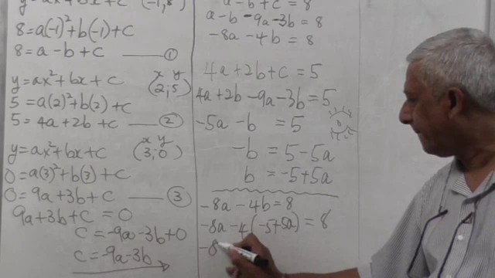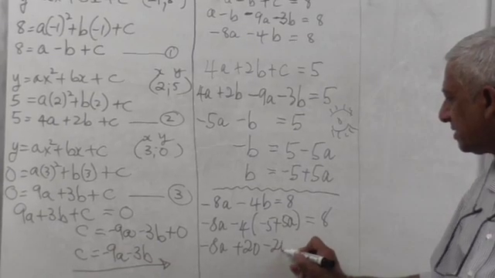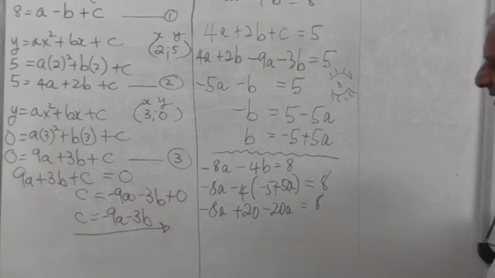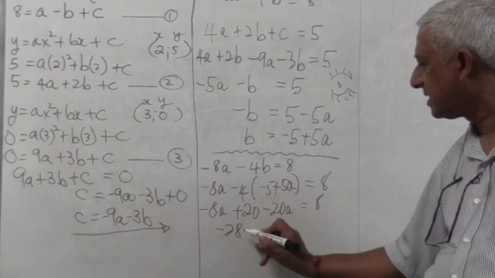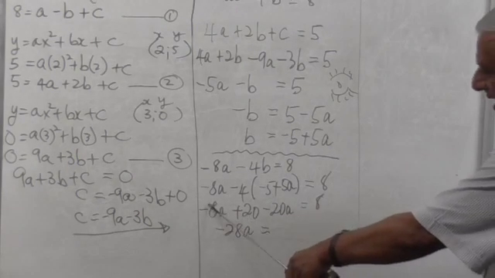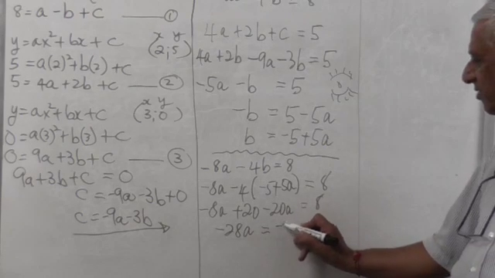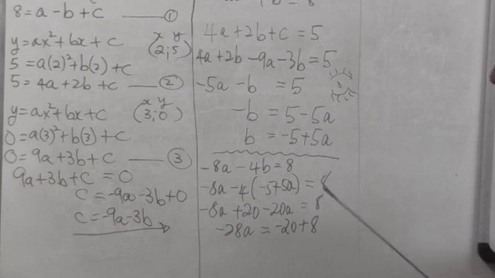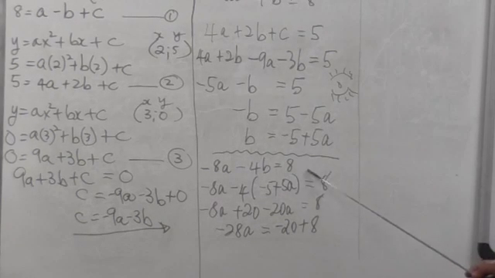That will give you minus 8a plus 20 minus 20a is equal to 8. That will give you minus 28a, minus 28a is equal to minus 8 minus 20, this 20 will come this side, so you'll have minus 20 plus 8. Now let's just check that we haven't made a mistake. Minus 8a minus 4b is equal to 8.